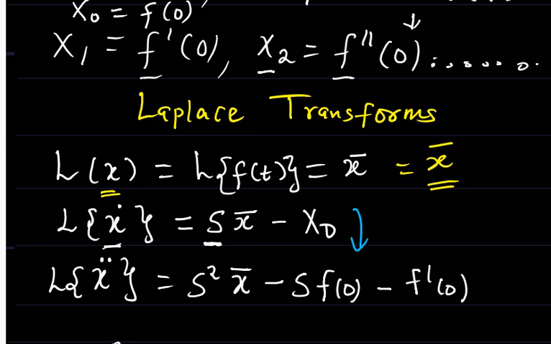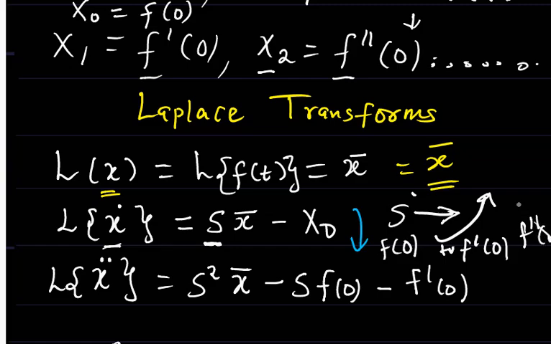Then x is reducing in power, starting from the highest, while the derivative is increasing in power, from f of 0 to f prime of 0. So let's look at that pattern so that it will actually make sense.